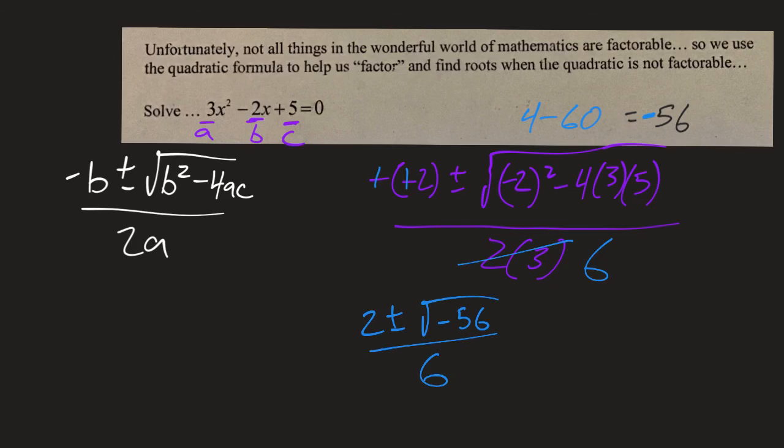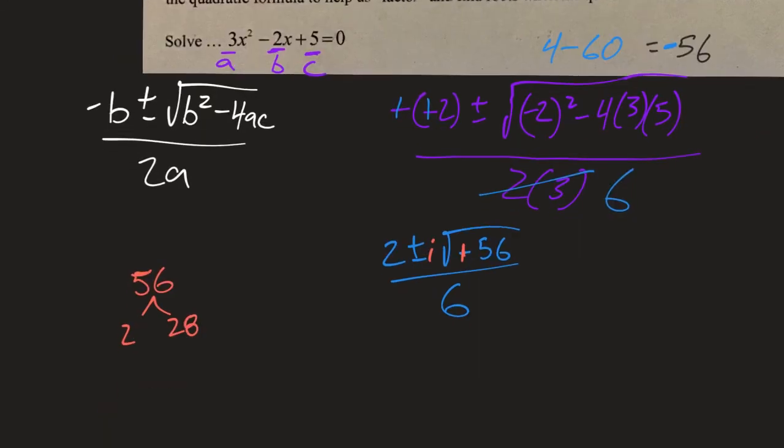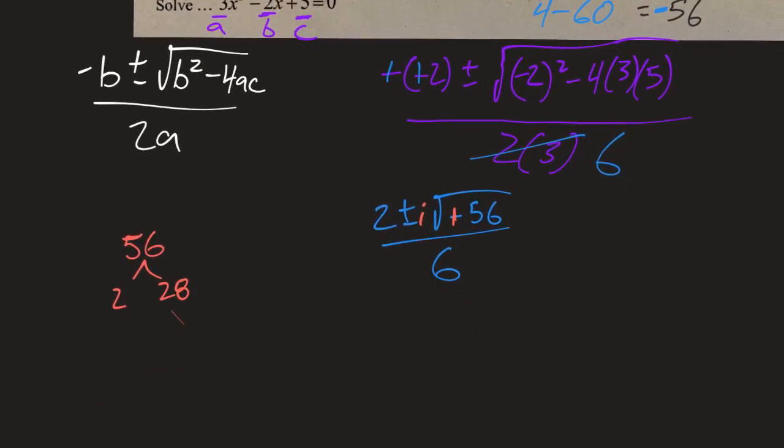And we can break this square root of 56 down. I'll do it off to the side over here. So the negative is going to come outside and become an i. And 56, we can break that down. Let's say we come up with 2 and 28. Just keep breaking it down.